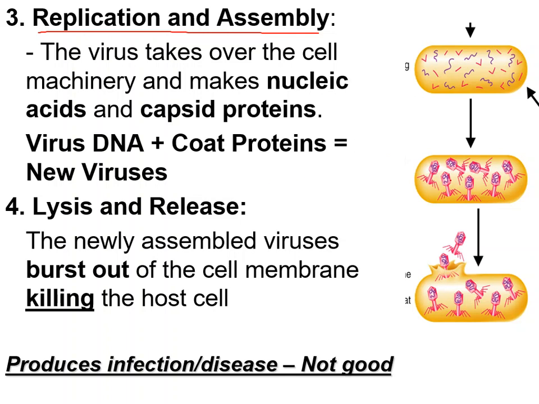And then once you have the assembly of the viruses, they literally accumulate inside the cell and cause the cell to rupture or to lyse, L-Y-S-E. And lyse just means to burst or to break, which releases the viruses, yeah, but it also kills the cell in the process.